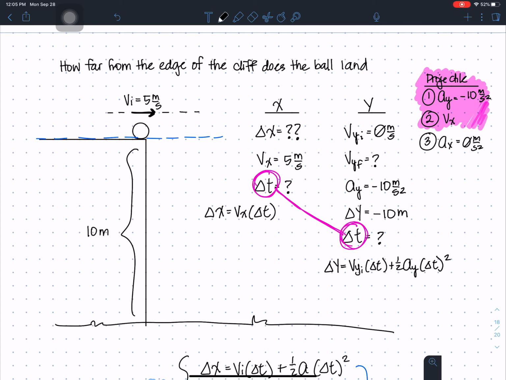Remember, never plug in numbers except when something is 0. So this whole first term goes to 0, and I'm left with delta y equals 1/2 ay delta t squared, or delta t is the square root of 2 times delta y divided by a.